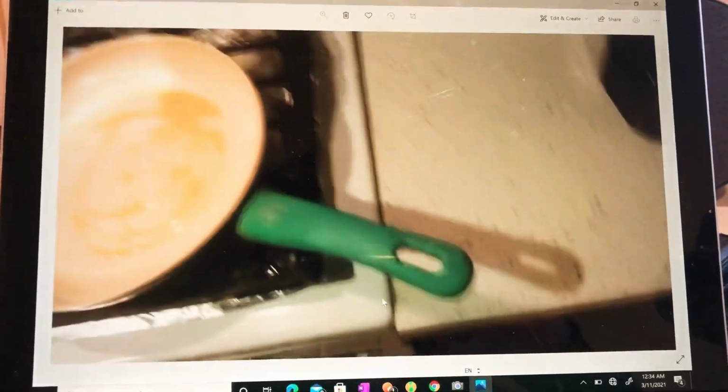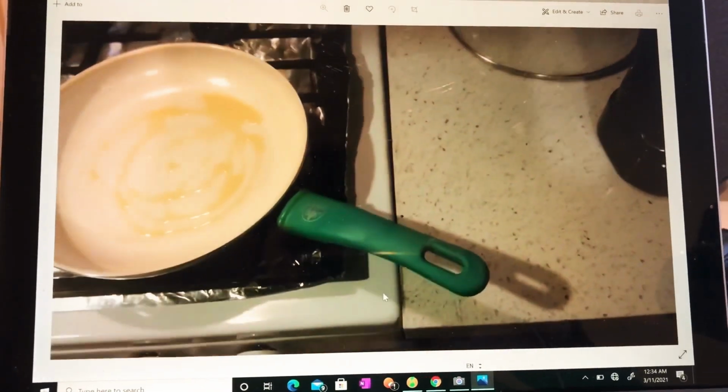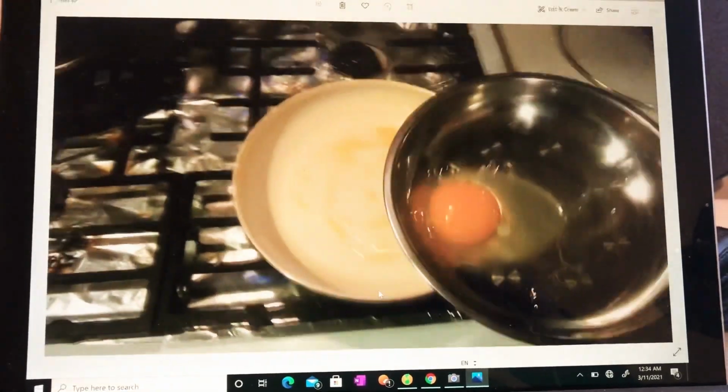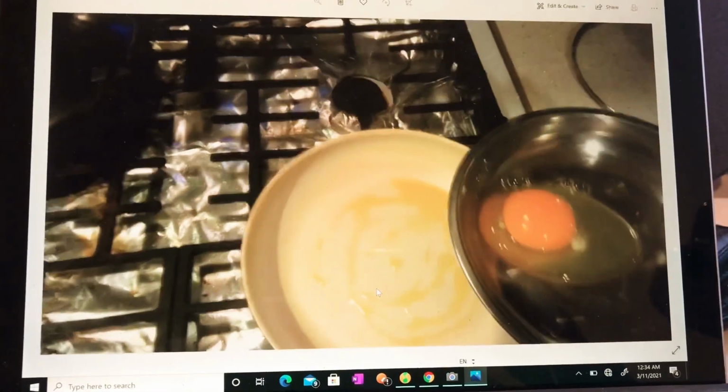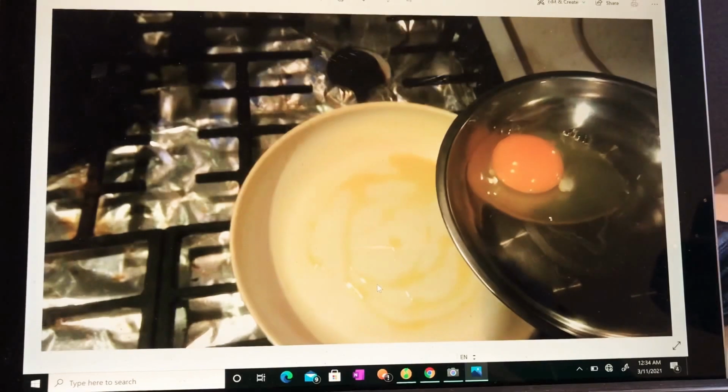So now we are going to pour the egg in and wait a few minutes for the egg to absorb the heat.